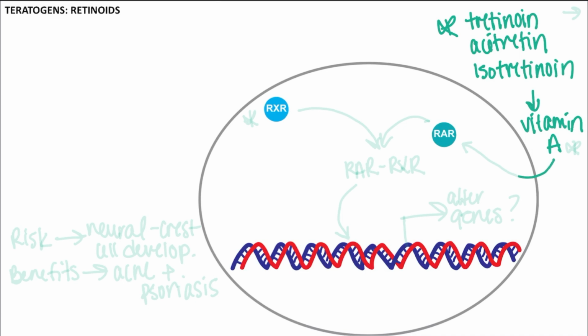where it can bind the retinoic acid receptor or the RAR receptor, which is a nuclear receptor that will heterodimerize with the retinoid X receptor or the RXR. And then this heterodimer of RAR and RXR can then translocate to the nucleus to bind retinoic acid response elements or RAREs, and these will then alter gene expression.